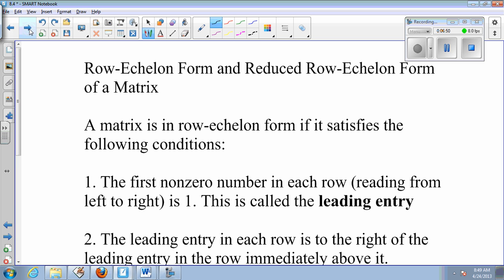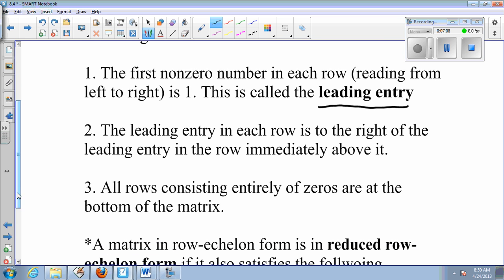So row echelon form, and then there's also reduced row echelon form, which is further finishing the matrix. The first non-zero number in each row is 1. This is called the leading entry. The leading entry in each row is to the right of the leading entry in the row immediately above it.